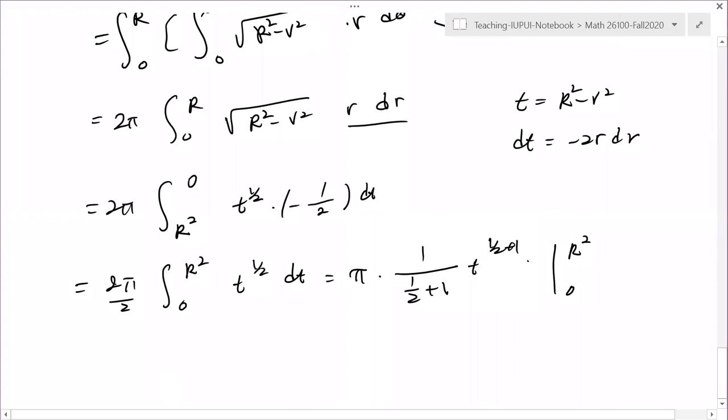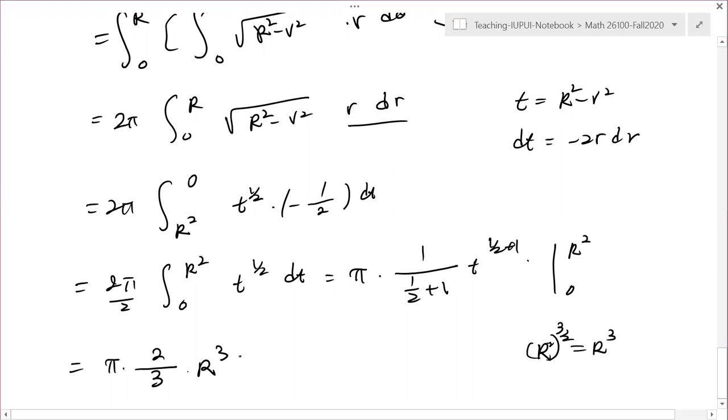I found out one number is missing. This is supposed to be 4 pi instead of 2 pi, but let me finish this first. That will be 2/3, and you plug in R squared, so R to the 3/2 times R squared, that's going to be just R cubed.